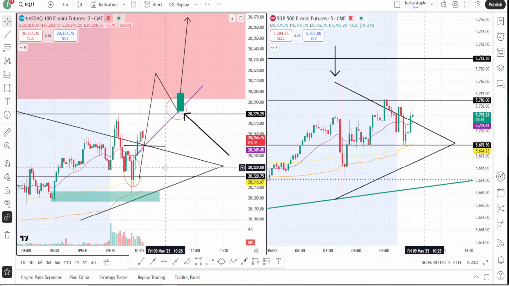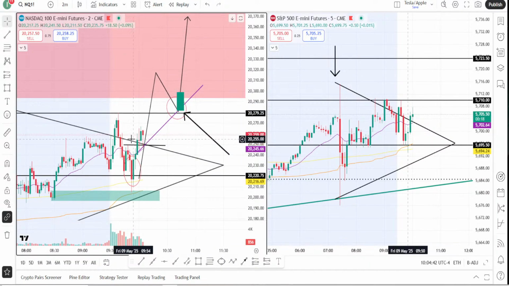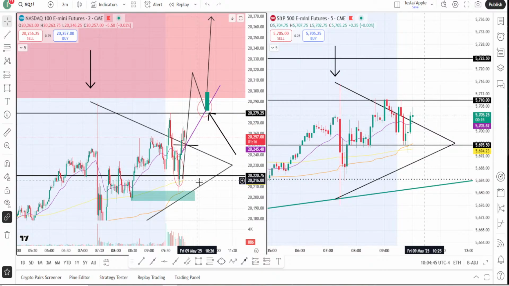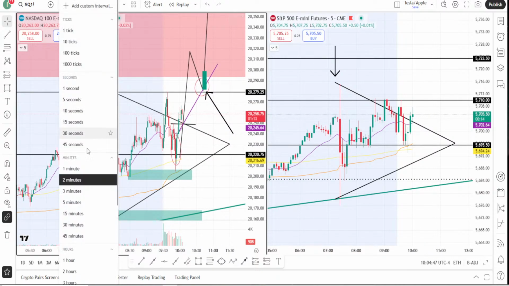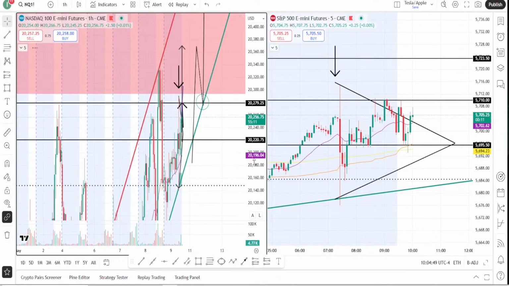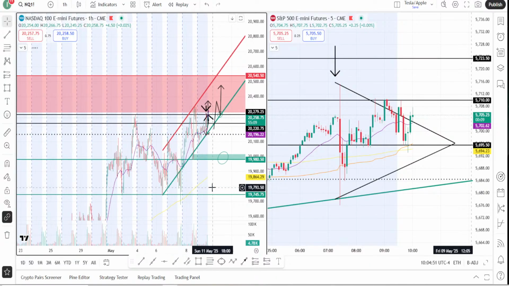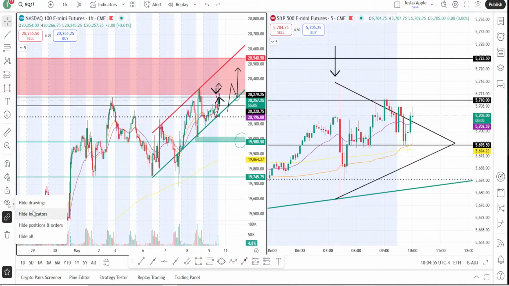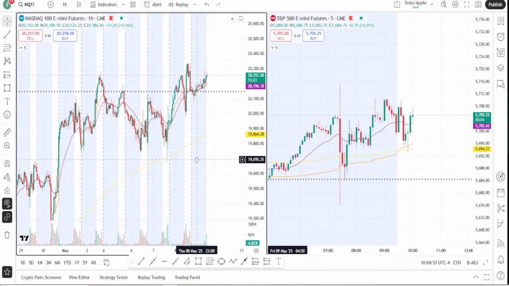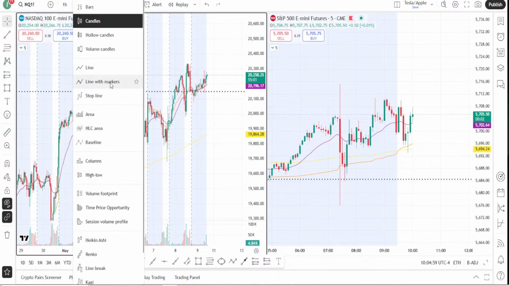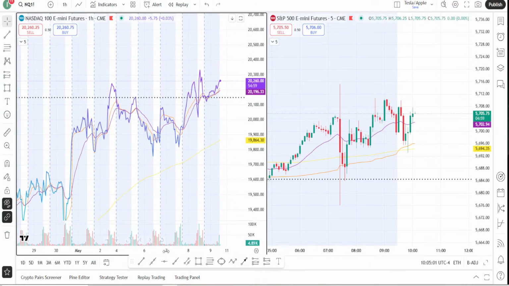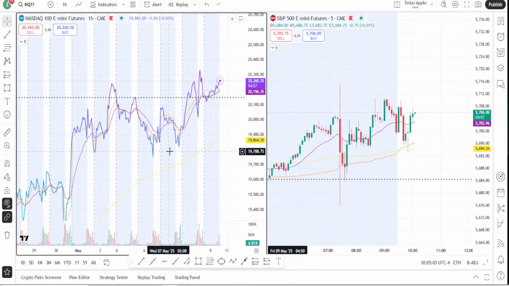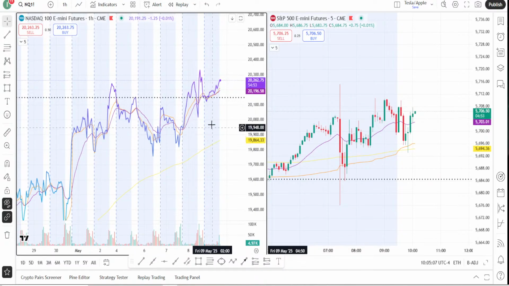And I'm looking to buy, but I'm looking to buy up here. I want to see a clean breakout because we are in an hourly range. Let's just hide everything. So right here, from these lows to these highs, it's just chopping around on the hourly time frame.